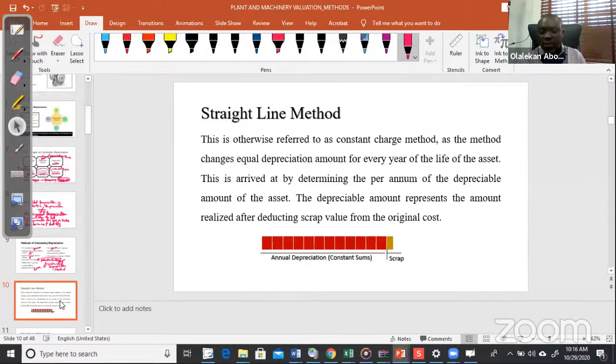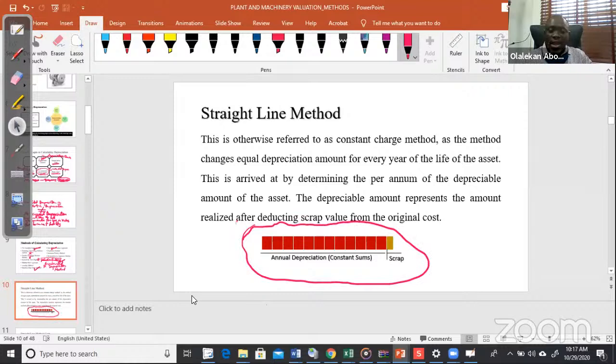It depreciates the value of the asset at the same rate, the same amount every year. And that's what I try to show to you in graphics here. I just use an image to represent what I'm trying to say, so that I can drive home my points.